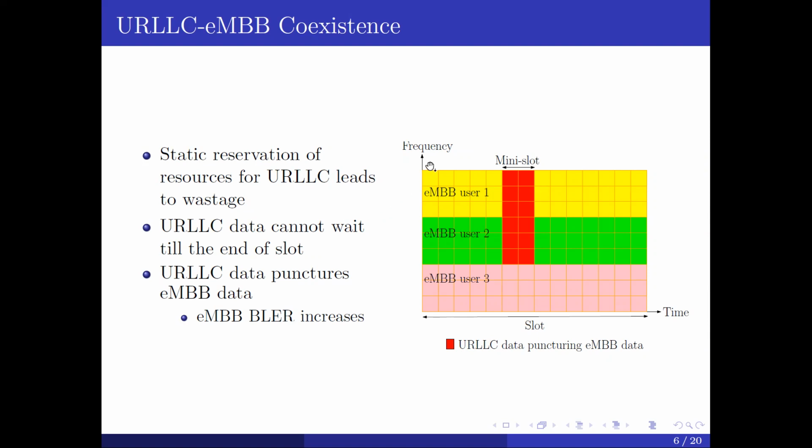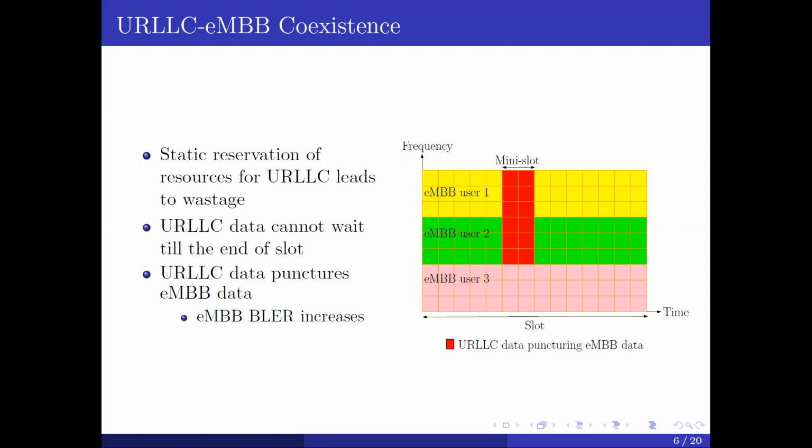We can see here the frequency-time grid. The eMBB users are allocated some part of the frequency, and they are transmitted on a slot level. And we can see the URLLC is getting transmitted on a mini-slot level, and it is puncturing the resources which have already been allocated to the eMBB users. This causes the block error rate of the eMBB to increase. So this is the background for the talk.